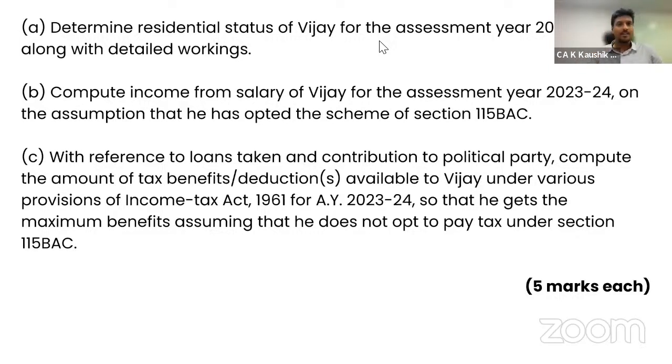In Chapter VI-A, we'll focus only on deductions for interest and contributions, that is 80EEA, 80EEB, and 80E, read with 80G, 80GGB, and 80GGC. Only these 4-5 sections of Chapter VI-A can be tackled. Keeping this framework in mind, let's quickly proceed to the question.